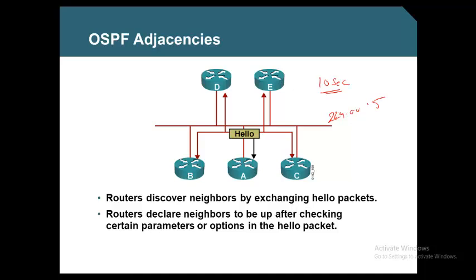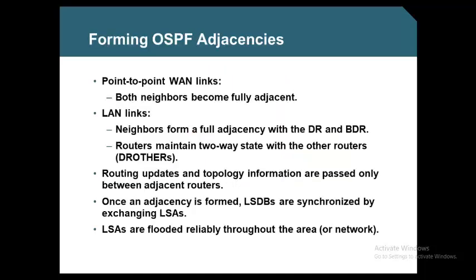Okay. Now forming an adjacency. If you are running a point-to-point link, what does that mean? When I connect a router with an Ethernet wire, this is not a point-to-point link. Then what is a point-to-point link?